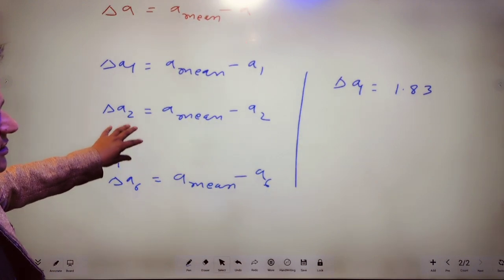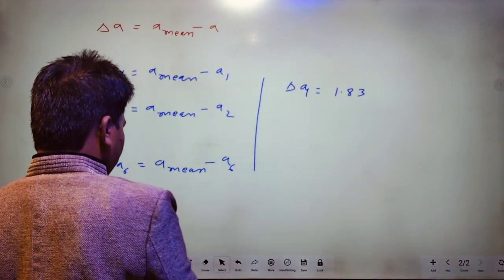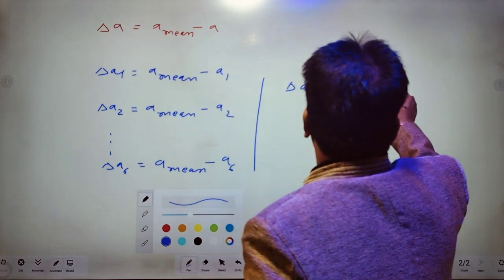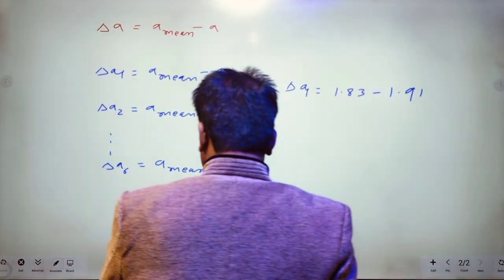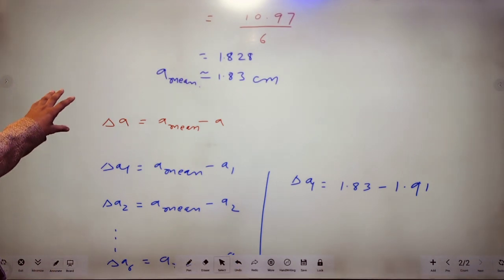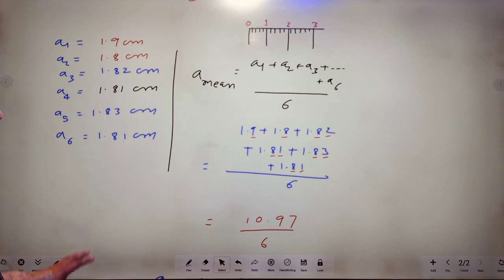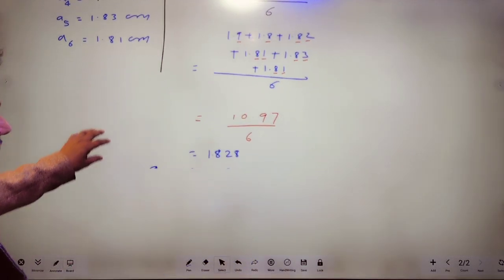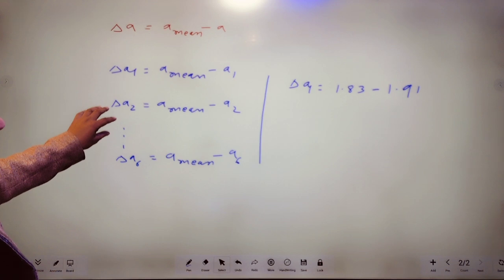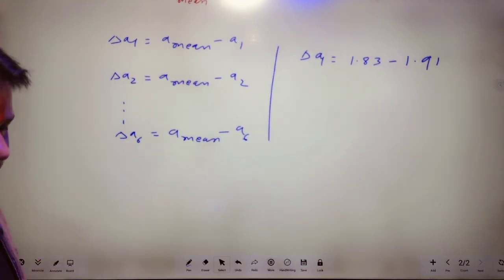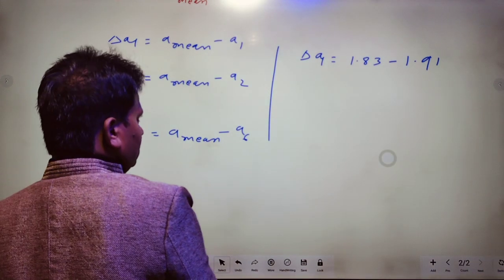Mean is very near to actual value, 1.91. Similarly, you can find delta A6.